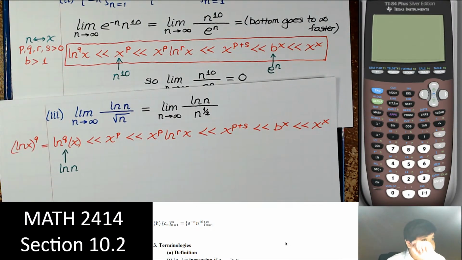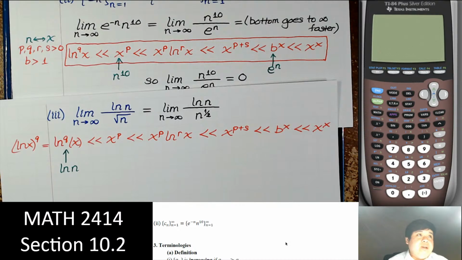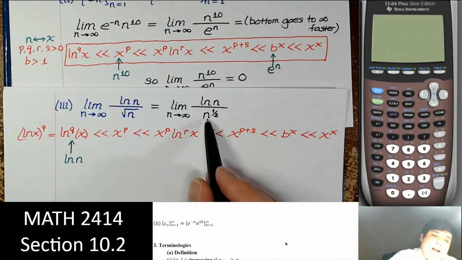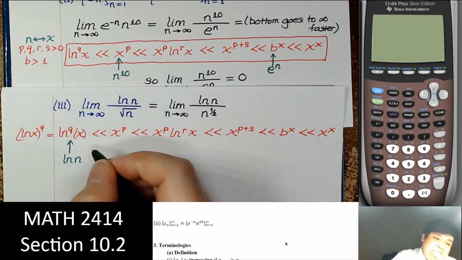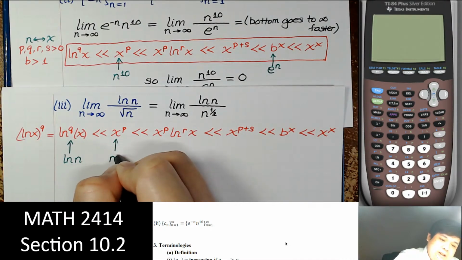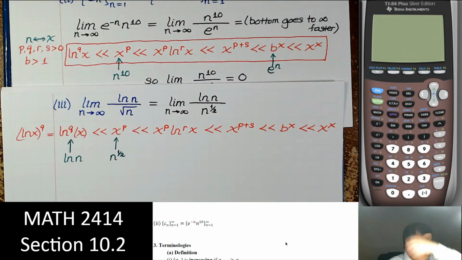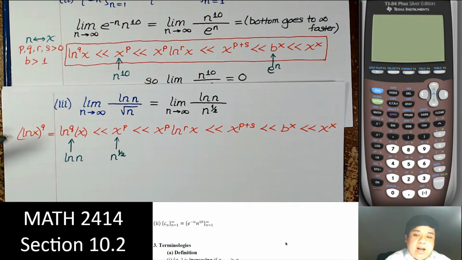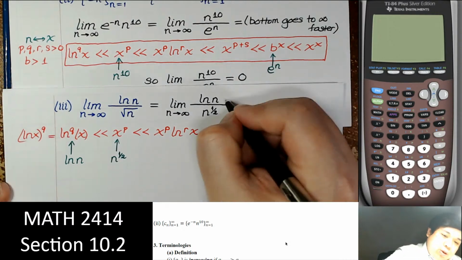We have ln of n, so ln is going to be that. So what is n to the 1/2? Well, n is equivalent to x to the 1/2. So n to the 1/2 is here.